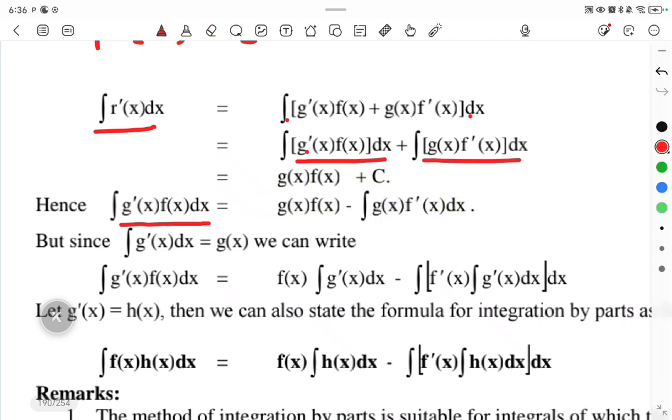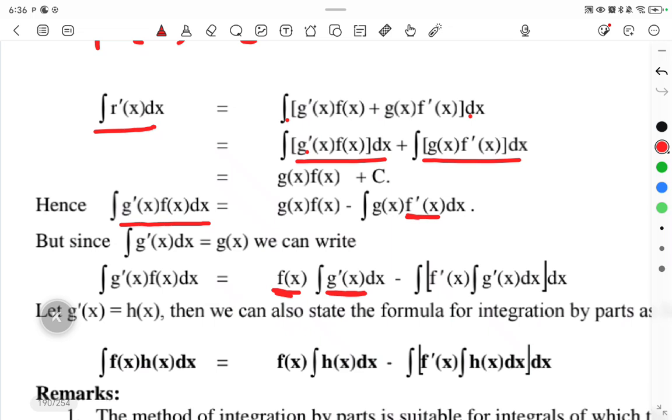If I take out this as a constant and integrate this, then minus, I come and say the integral of f'(x) times the integral of g(x) dx.